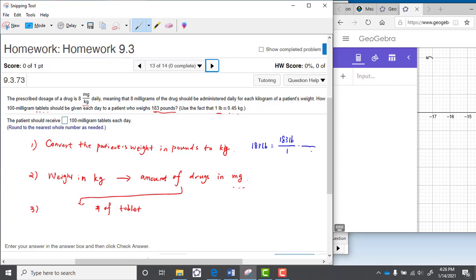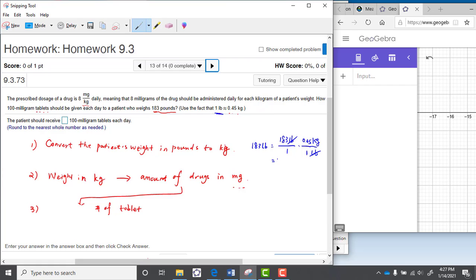The unit fraction we should choose has pounds at the bottom and kilograms on top. Since 1 pound is roughly equal to 0.45 kilograms, the 0.45 goes on top and the 1 goes on the bottom. Top times top, bottom times bottom, and the pounds cancel out.